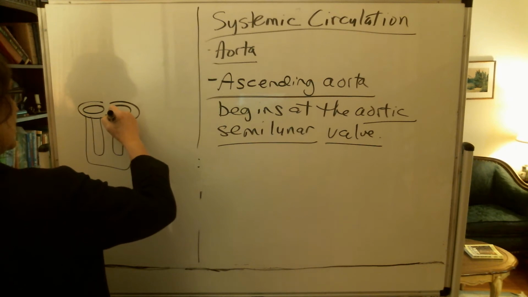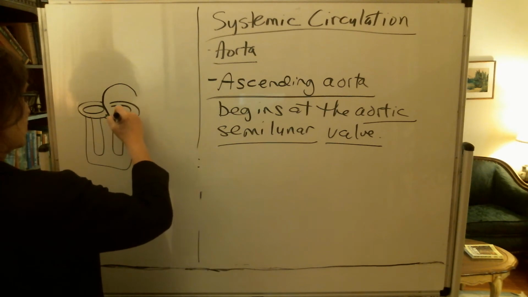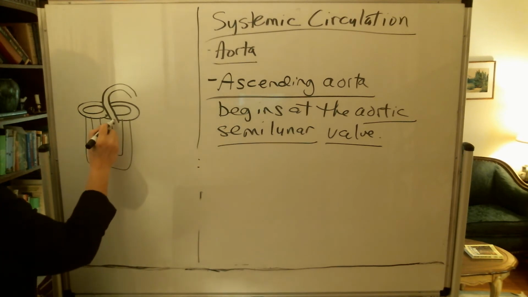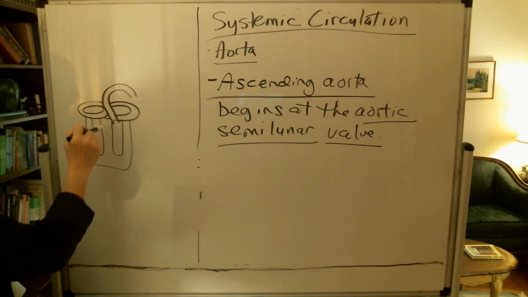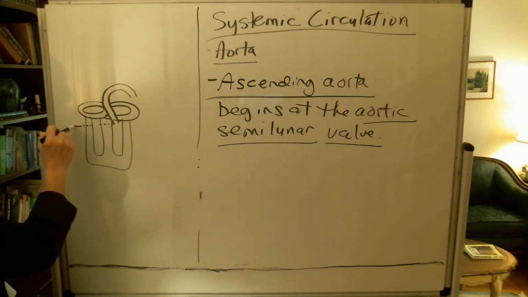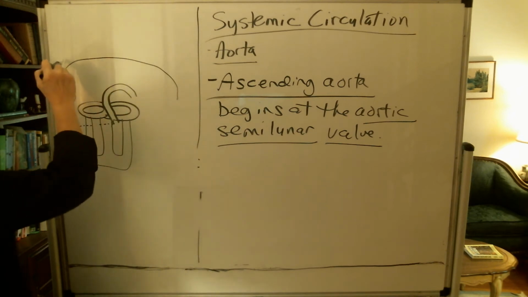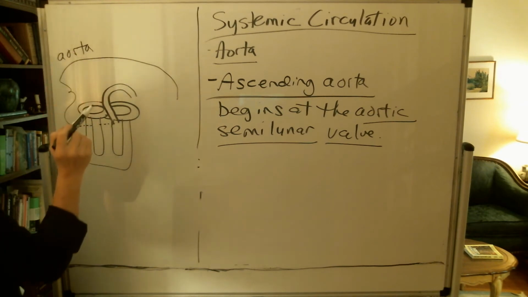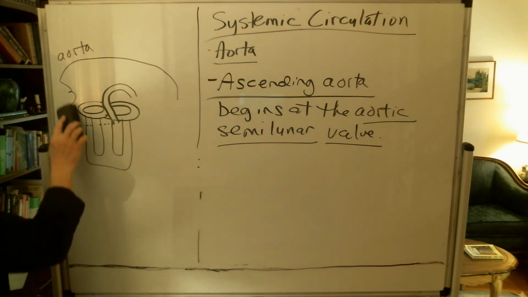Here we go, here's the aorta coming out. Here it is. And it does form this curve. Remember, there's a valve there. So this whole thing from here, all of this, and all of that, then all of this, then all of this is the aorta. But we name it different things in different places.